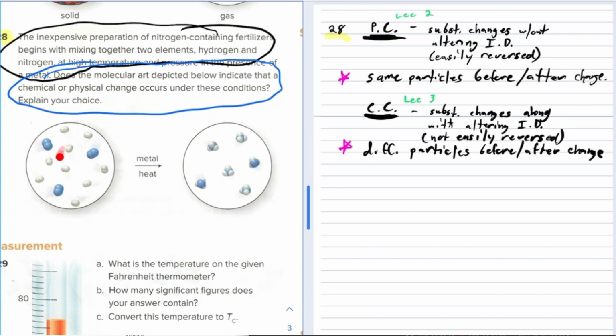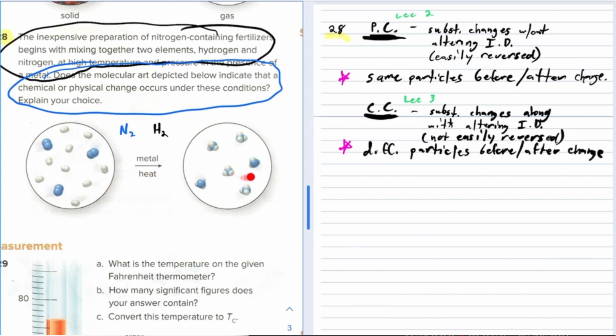On the left-hand side, before the change, you have these blue particles, and then these white ones. The blue ones are the nitrogens. More specifically, that's N2, because there are 2 nitrogen atoms per particle, and the white ones are hydrogens, and those are H2, because there are 2 hydrogen atoms per particle.